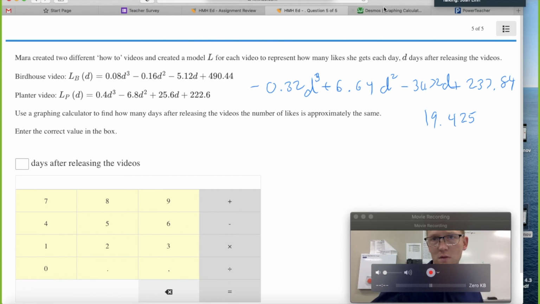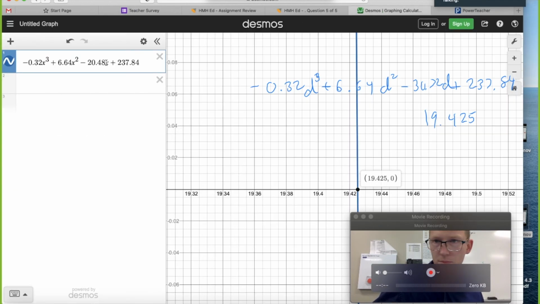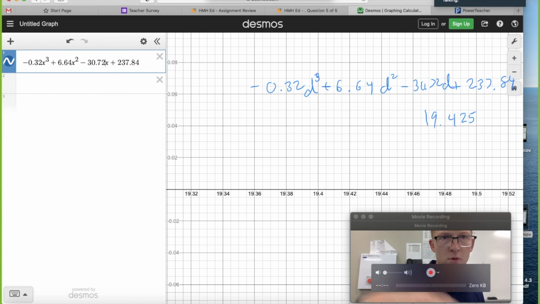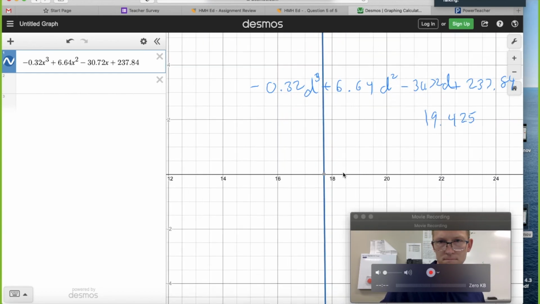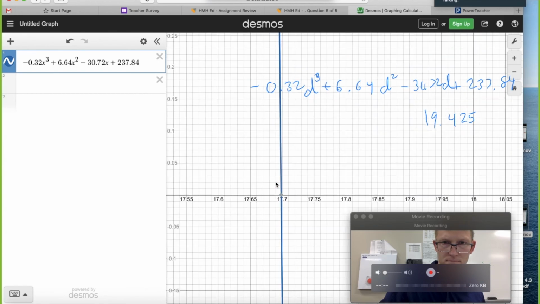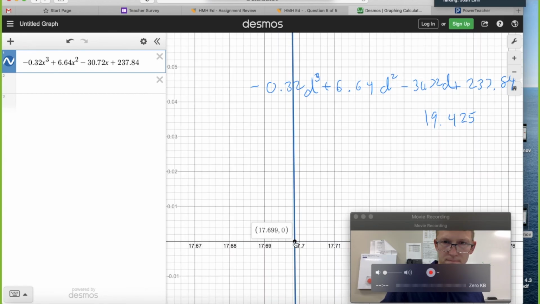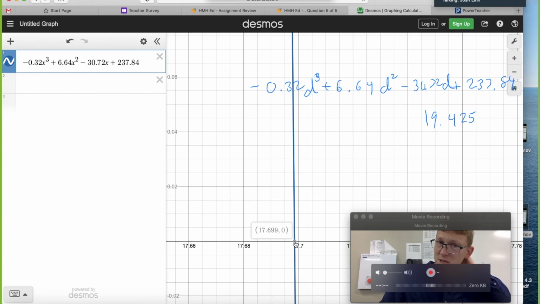But luckily, since it's already set in there, I don't have to change much. So 17.699, so that makes a lot more sense given what their answer is.